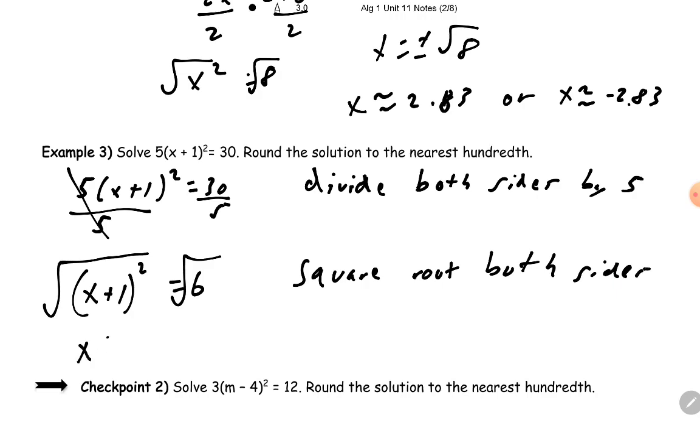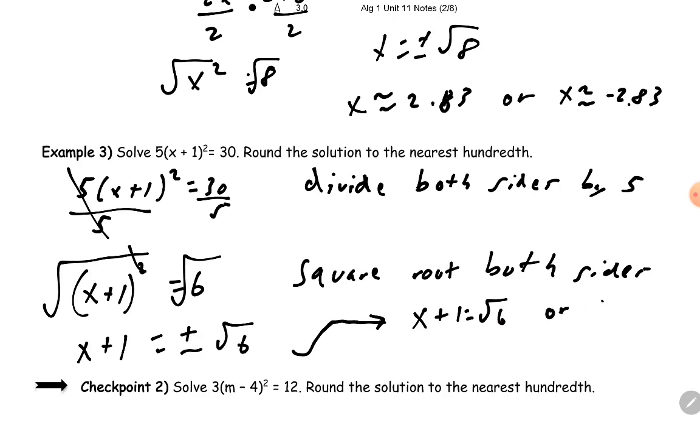So I have x plus 1, because the square and square root cancel, equals plus or minus the square root of 6. So this is going to change into 2 different problems. I have x plus 1 equals positive square root of 6, and I have x plus 1 equals negative square root of 6.